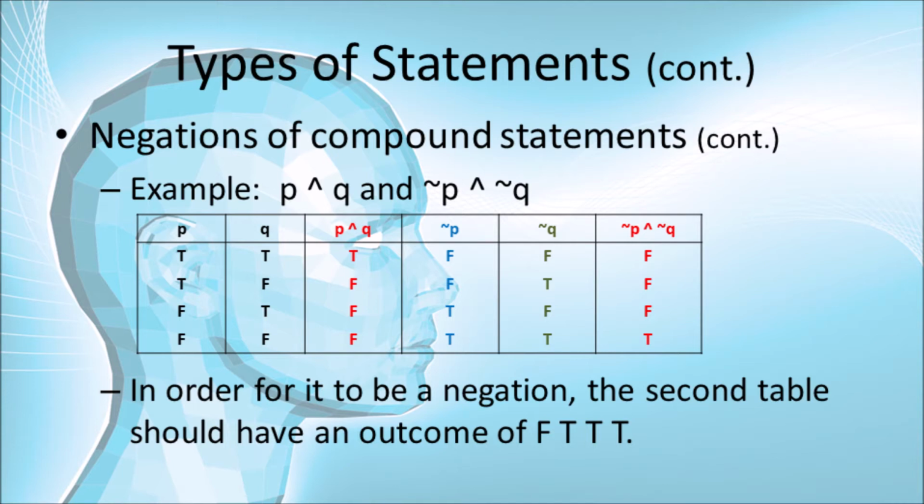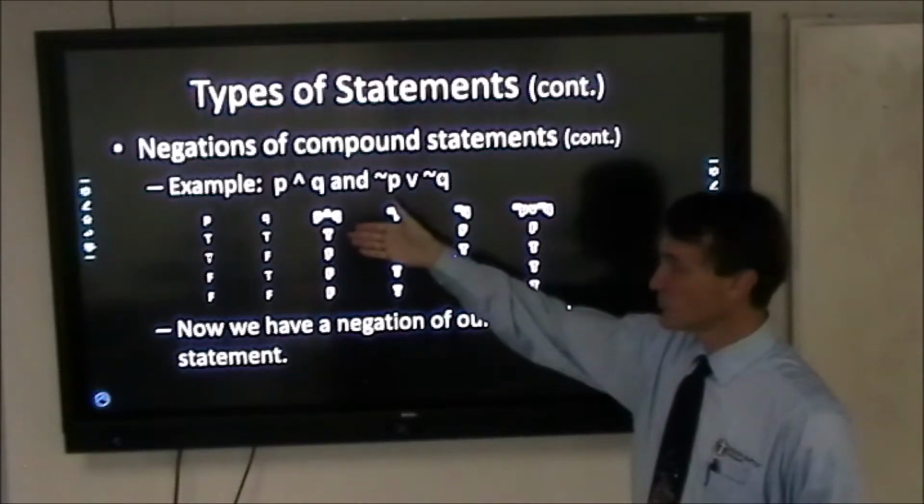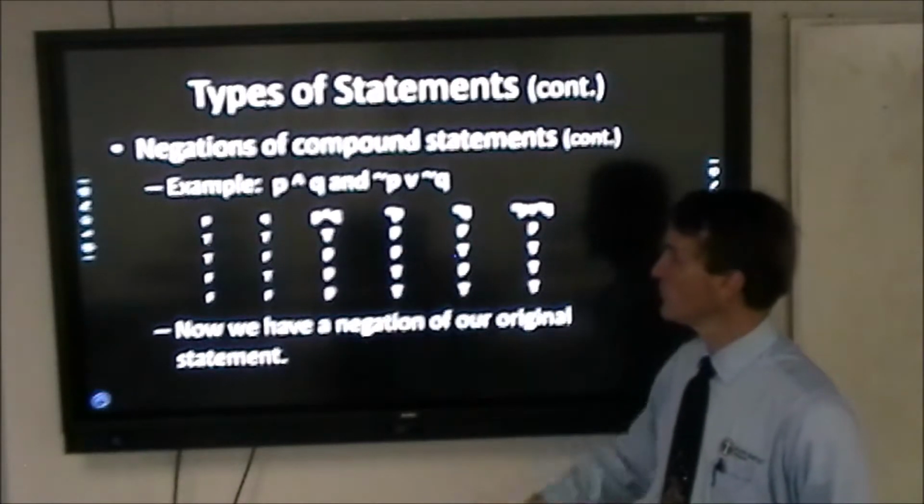Now, if we take a look at this example where we have P and Q, and the negation of P or the negation of Q, we see that we have opposite final outcomes. Here I have for the P and Q, the true, false, false, false that we saw in the previous slide.